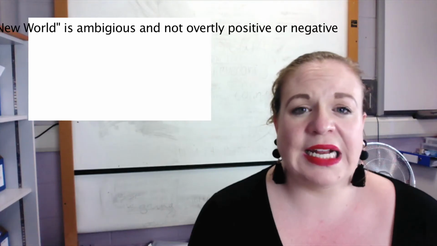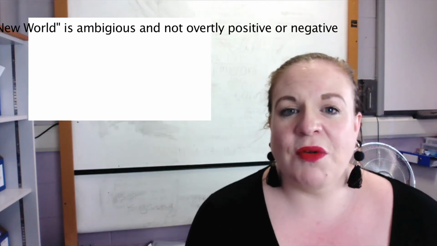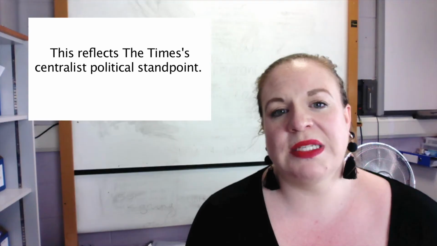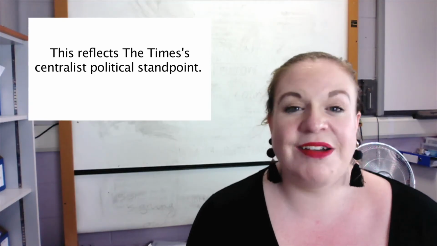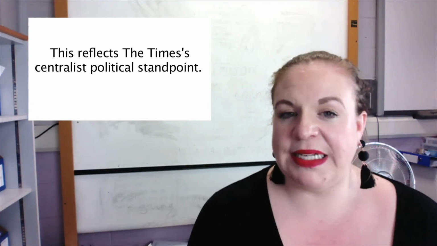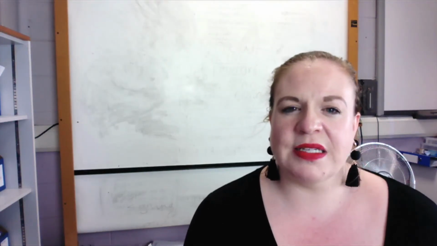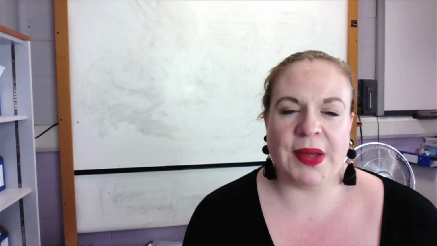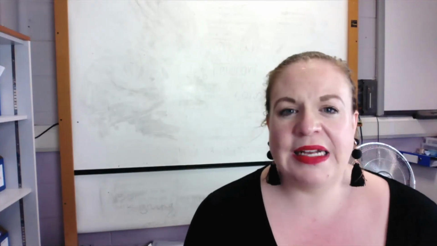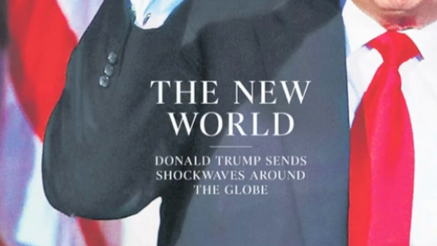It's not entirely clear. Now, the Times itself prides itself on being a more centralist newspaper and not necessarily taking sides politically. And whereas the images and some of the other words do reflect a slightly more positive representation of Trump and his win in the election, the headline itself, "The New World," and the subheading underneath it are a lot more neutral.